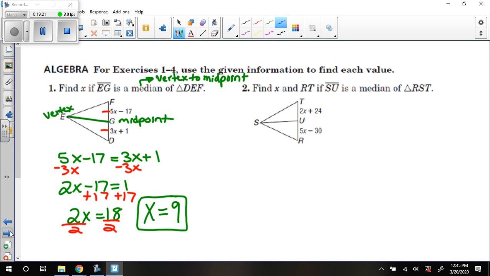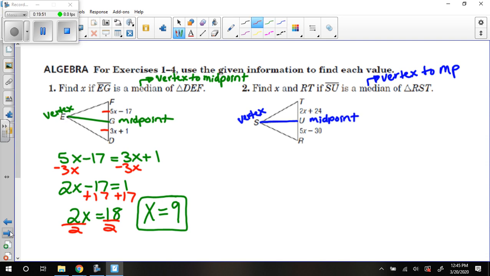Problem number 2. Find x and RT if SU is a median of the triangle. Okay, yet again, a median goes from a vertex to a midpoint. Okay, so S here is my vertex, because this is our median, and U is the midpoint.